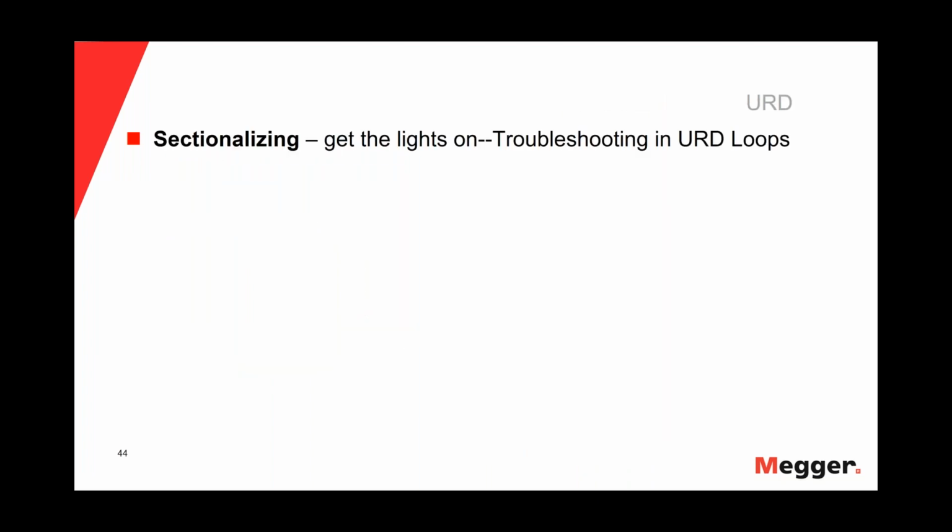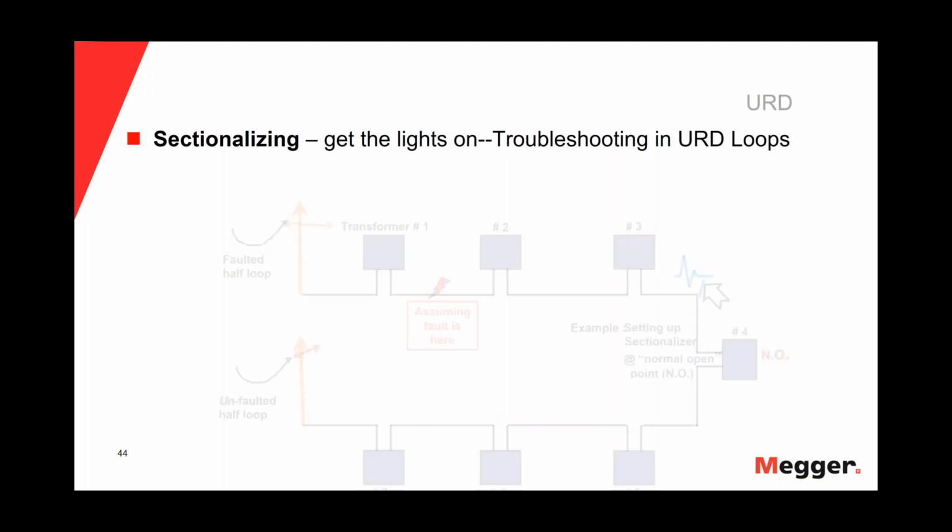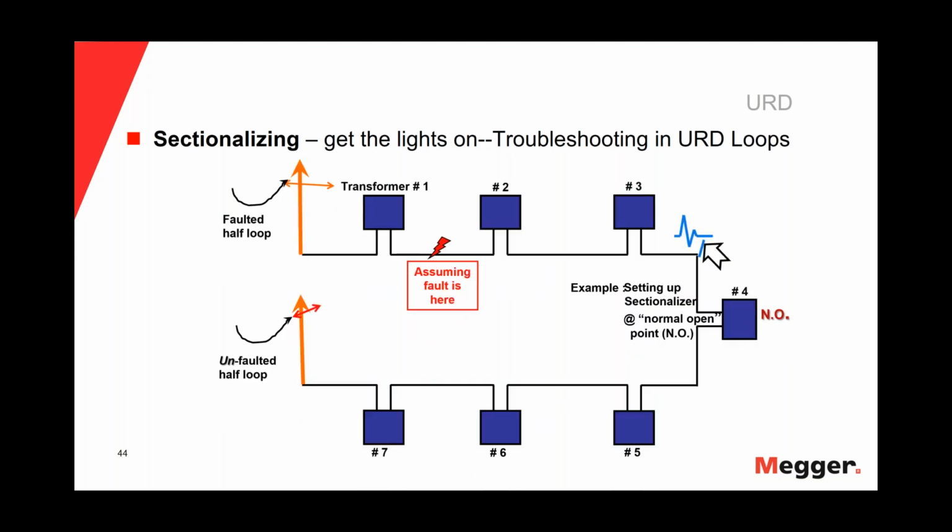If we start at the very beginning, before we talk about fault locating on a single individual cable, we might want to consider the troubleshooting process, the power restoration, getting lights back on. If we have a basic loop feed like this, we basically have 4 tools to figure out where the problem is and do power restoration.